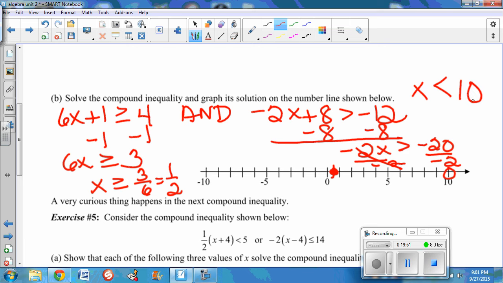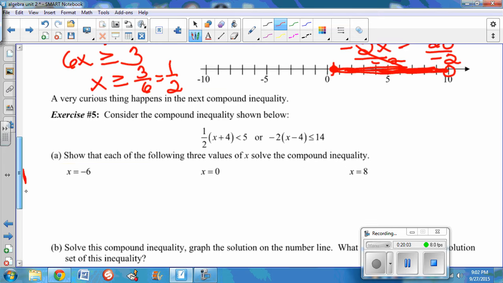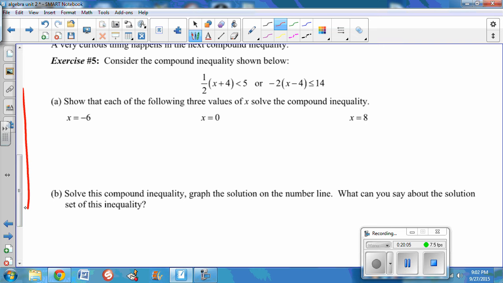So x is less than 10 is going to come to the left, and then x is greater than or equal to 1/2. That goes to the right, confirming that we shade in between. Okay, and let's hop down to 5b, and then we'll be done.